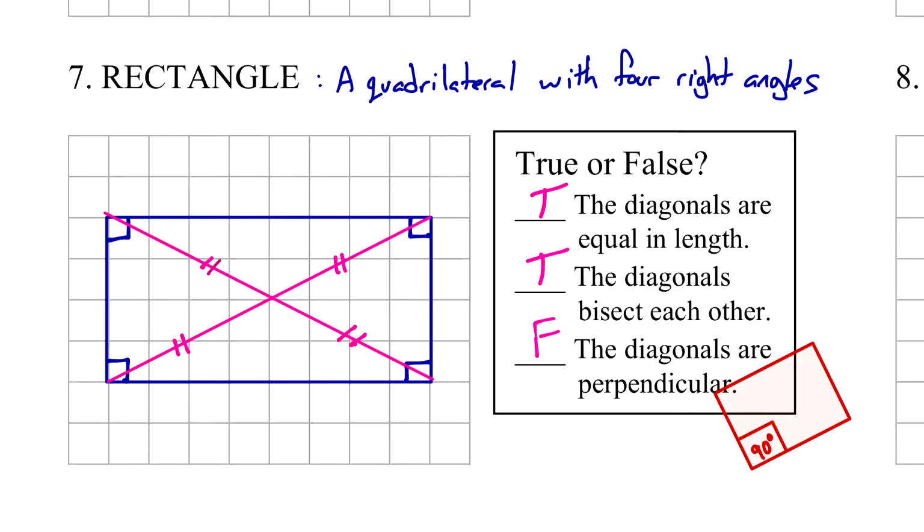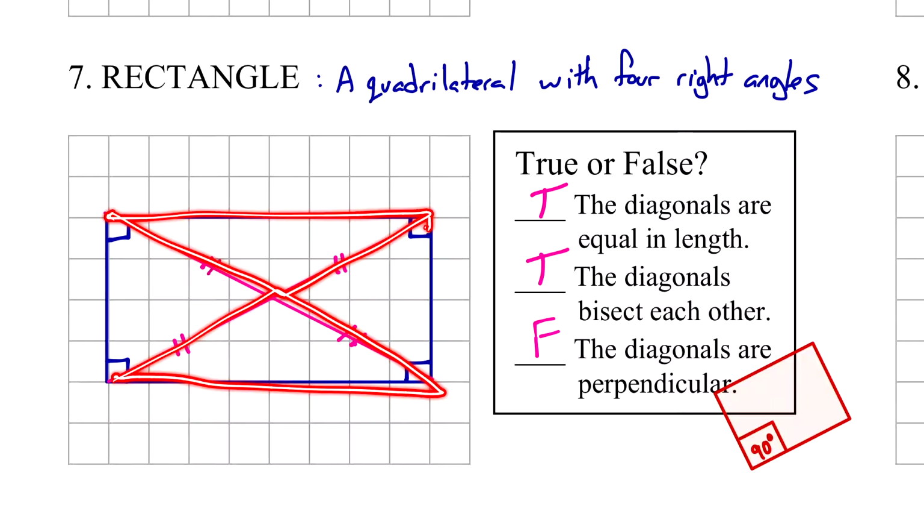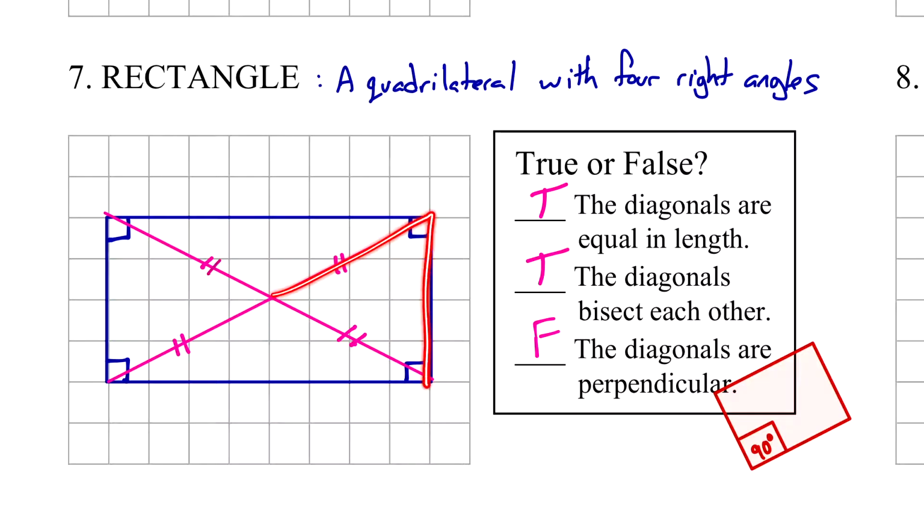So a little side note, that means we have some triangles. If you didn't notice, we have some triangles that are congruent, top and bottom. And there's 2 other triangles, left and right, that are congruent. And all of them are isosceles triangles. Right, so there's a lot of other stuff that's being created here.